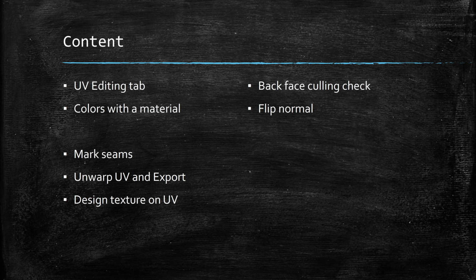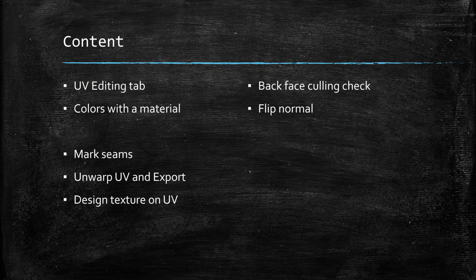The content that we're going to cover during this tutorial will be the UV editing tab, colors with materials. In the last tutorial, we talked about having a color, and using different materials for different colors on different parts of the model.